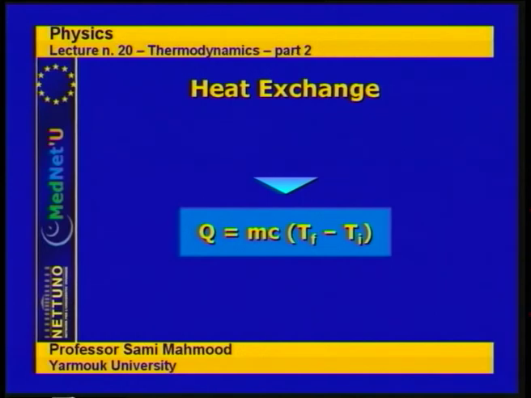If an object of mass m interacts with the environment and exchanges heat with the environment, if it absorbs in the meantime heat Q, and as a consequence of this absorption of heat, the temperature of the body rises or changes.